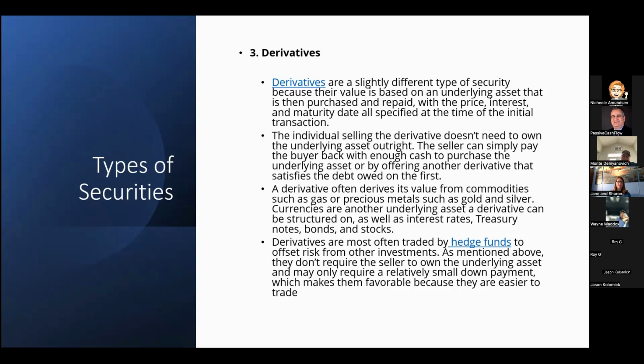So derivatives are generally traded by hedge funds to offset their risks of other investments. But you don't have to own the asset. You can just bet that the underlying corn is going to go up or down, right?